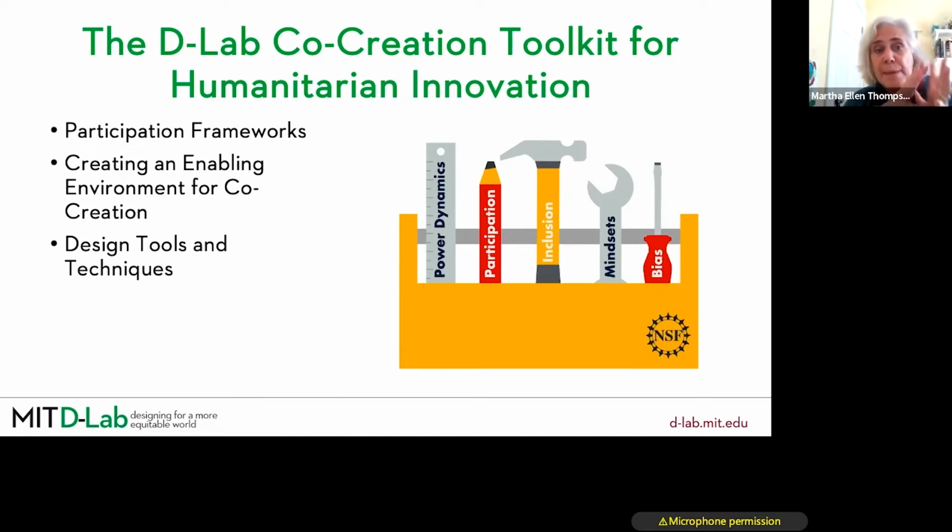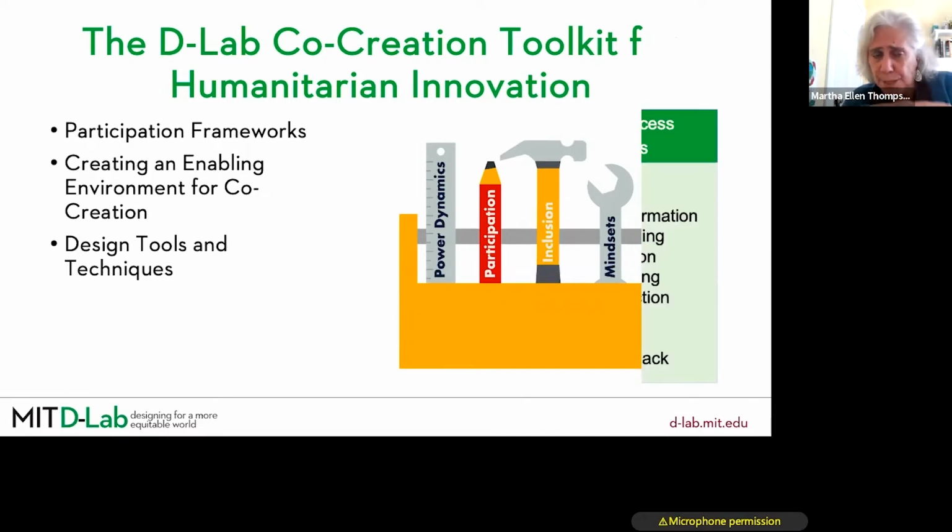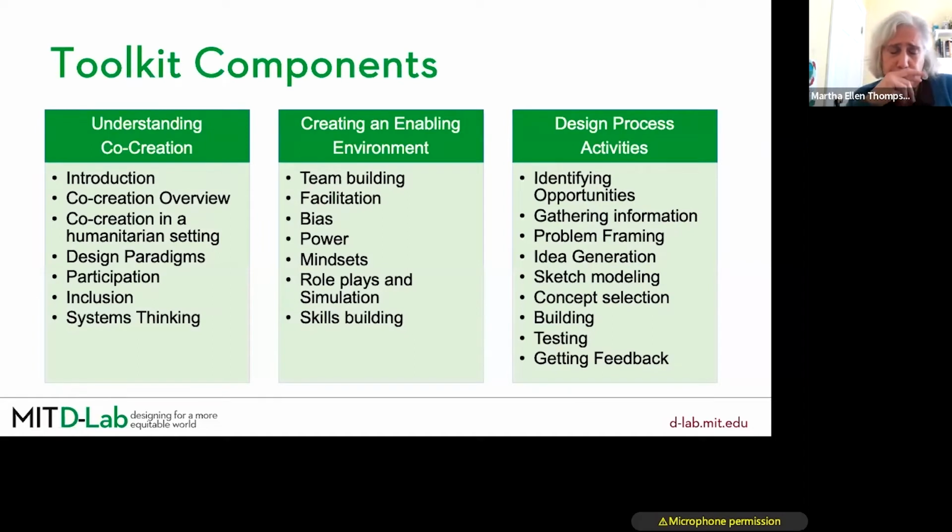And it has three main components. One is all about the participation frameworks to make people think more and understand more about participation. The second is creating an enabling environment. And the final one are all the different design tools and techniques to use in the different stages of the design process. So here you see the three components and what comprises each component.